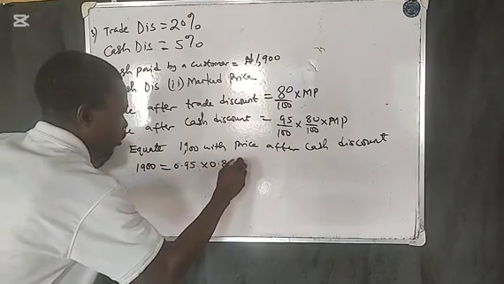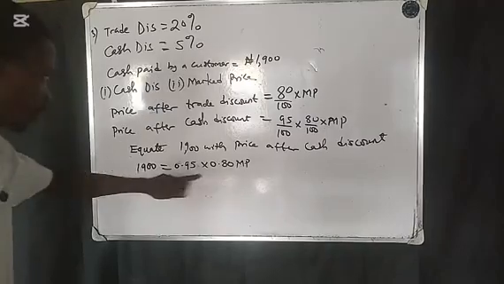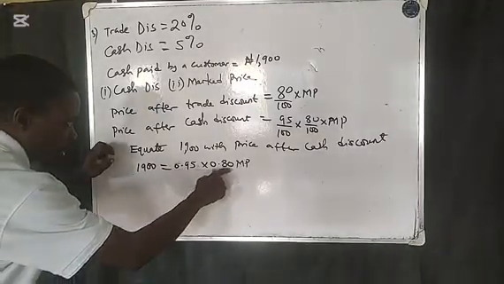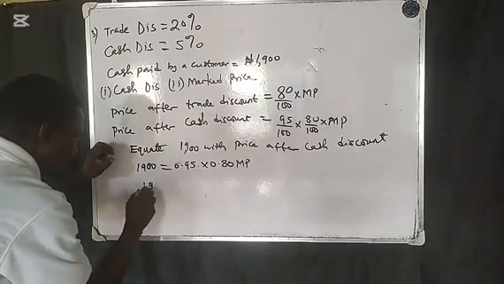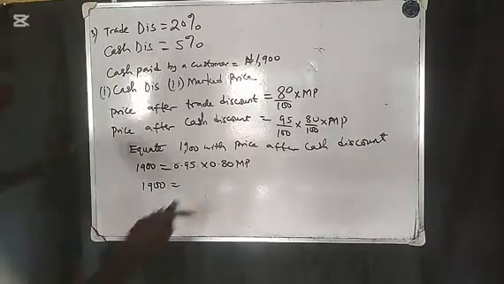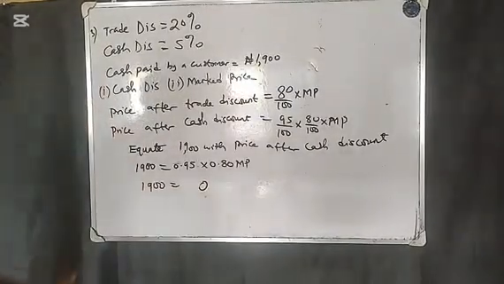0.80 MP, right? So we divide both sides by this amount, by 0.95 times 0.80. Or multiply these two first. Multiply these two first. 8 times 5, that's 40. 8 times 9, that's 72.